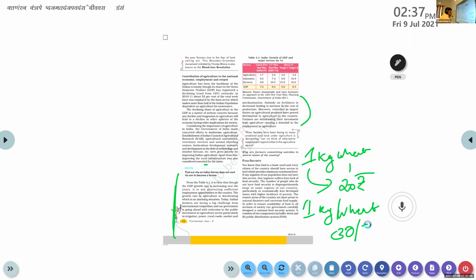Clear? It's just an imaginary condition. So if American farmers are allowed to sell their wheat in India, they will sell that for 25 rupees. It will create a profit for them, right?